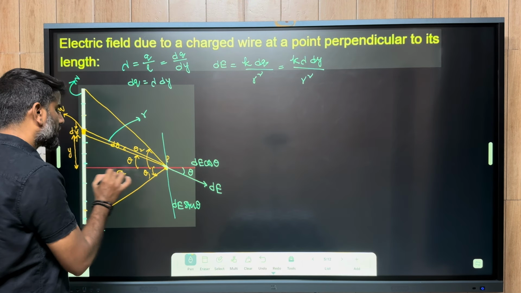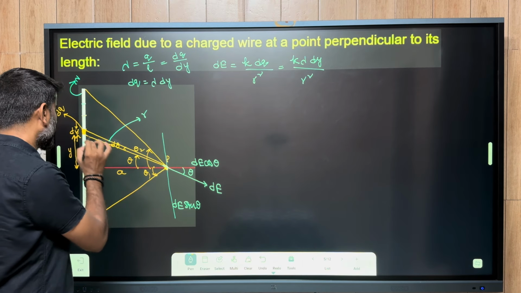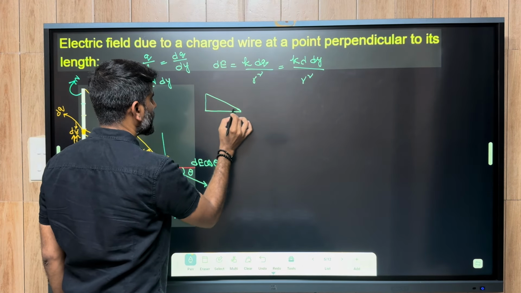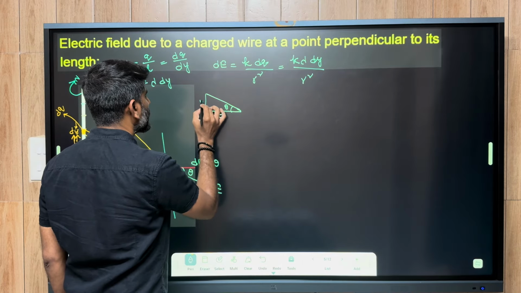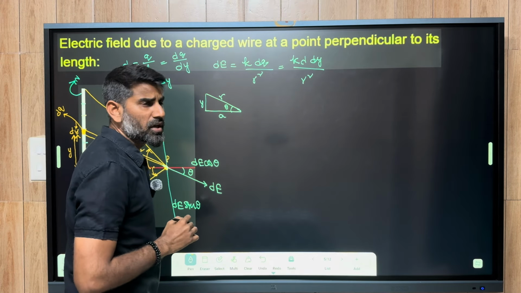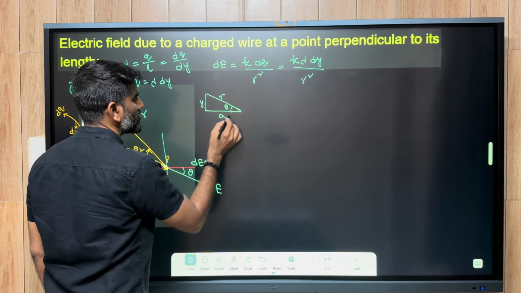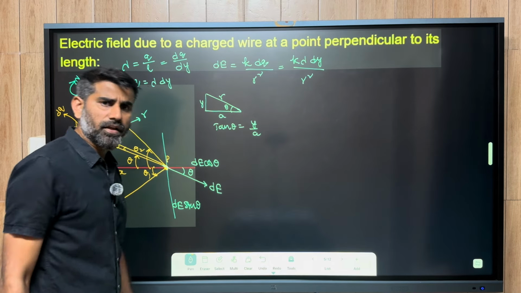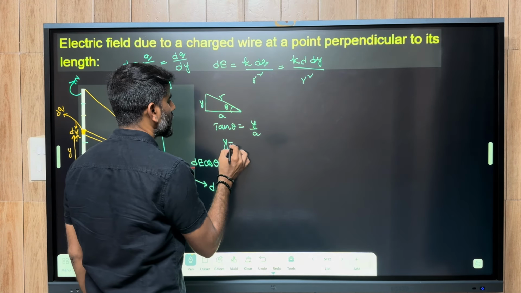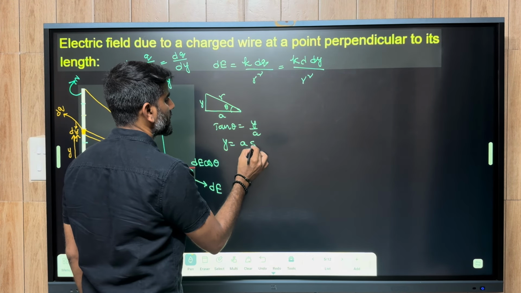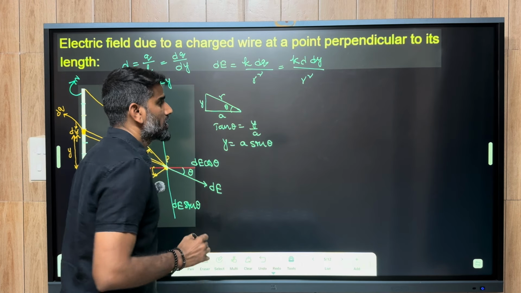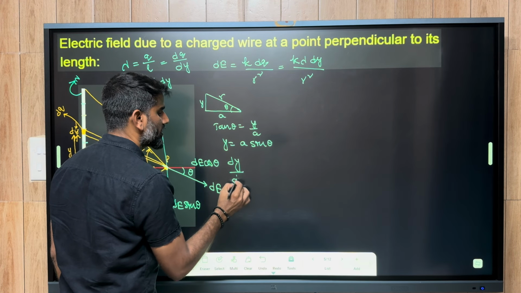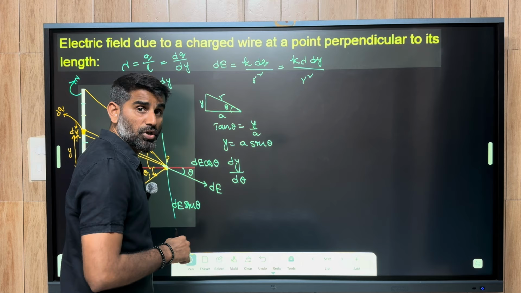If you look at this diagram, this is a right angle triangle, with sides a and y, angle theta, and hypotenuse r. How can I write the r expression? If I write tan theta is equal to y by a, then y is equal to a tan theta. I can find dy by differentiating this expression with respect to theta.